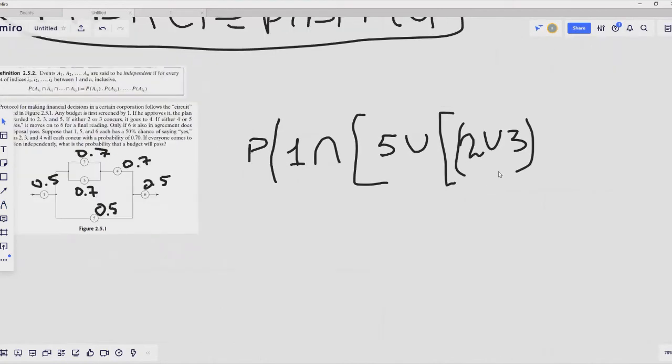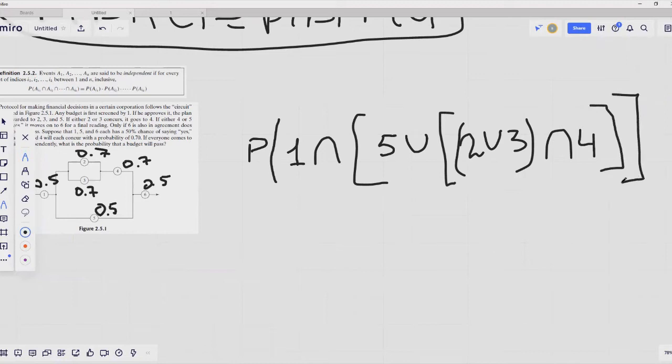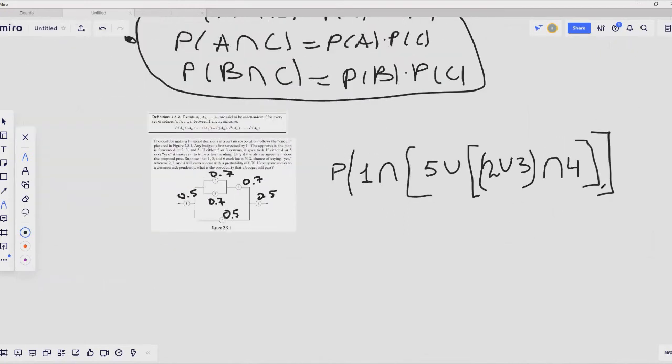And if either 2 or 3 approve, then it should be approved by 4. And finally, it should be approved by 6.